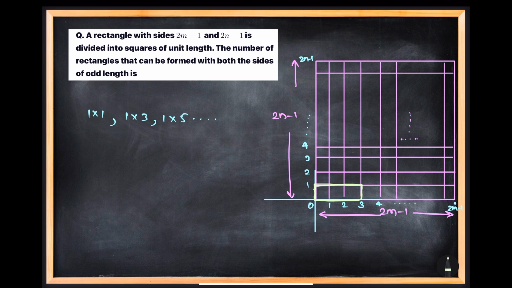So can I say that the required number would be, wait, required number would be even of horizontal, and then odd of horizontal.